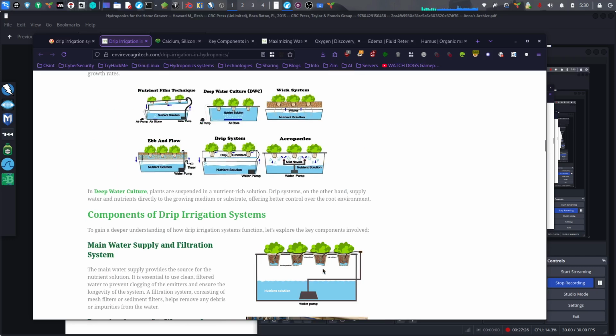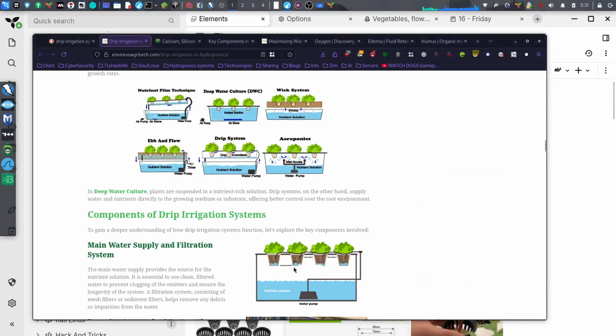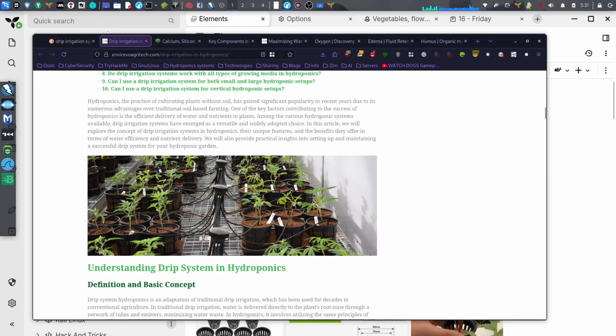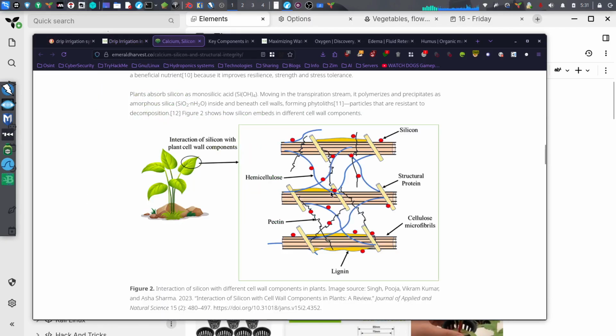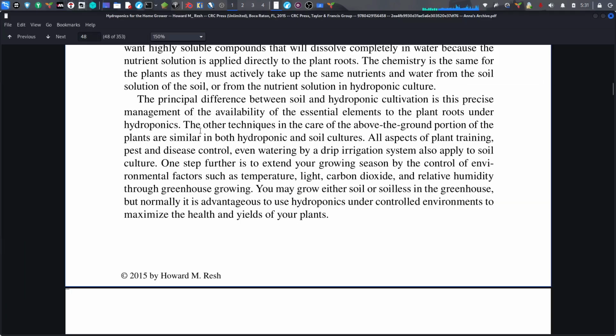Cycle system. Plant and net pot. Oh, not irrigation, drip irrigation system. Okay.